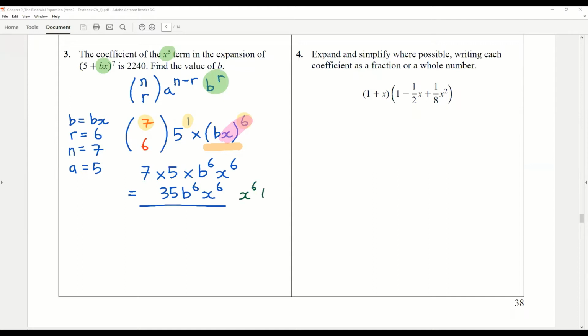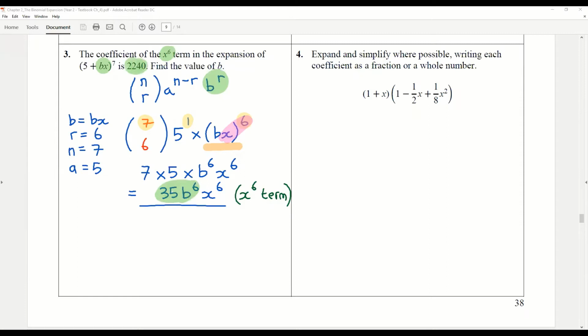And what I don't want you to do is to get confused between when we mean term and when we mean coefficient. The coefficient of the x to the power 6 term is just this bit. Okay, it's the amount of x you have. And we're told in the question that this is equal to 2,240.